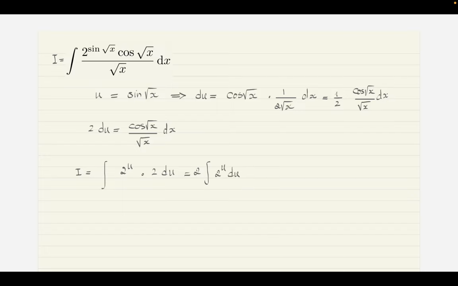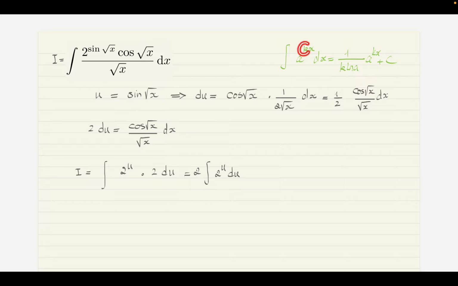In the beginning of this lesson today, we learned that the integral of a to the power kx dx is 1 over k ln of a, times a to the power kx, plus a constant. So if you compare this one with this one, first of all, a in this problem is 2, and k, as of course the x variable is now the u variable, it doesn't matter, you can write it in terms of u if you want to.